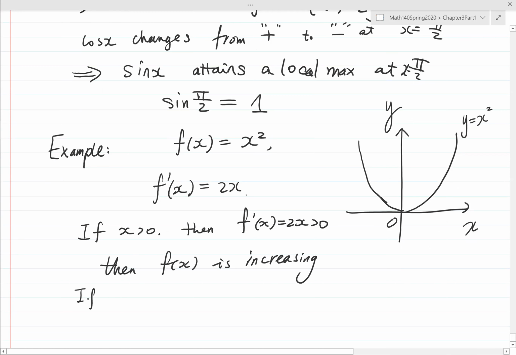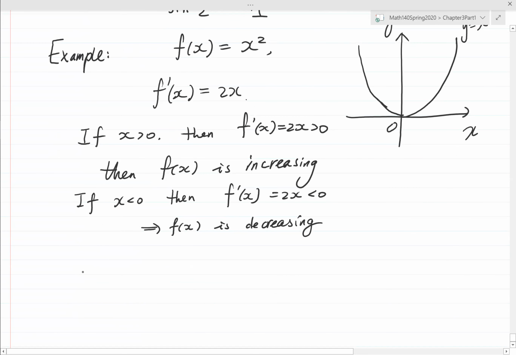Now if x is negative, then f derivative 2x is less than 0. Then f(x) is decreasing. Now at x equals 0, okay, we have a critical number. The derivative 2x vanishes when x is 0. Now f derivative of x changes its sign from negative to positive.